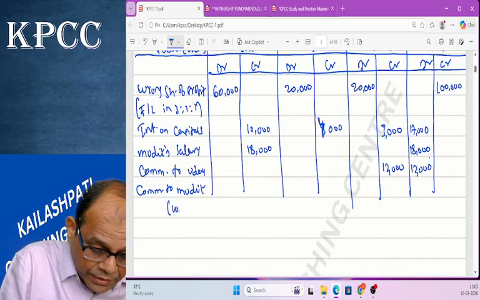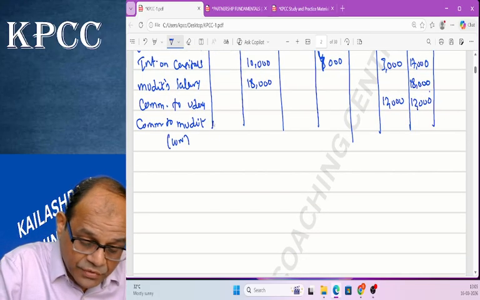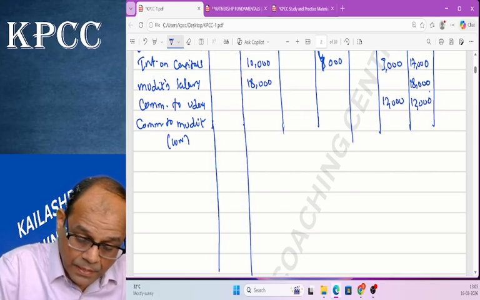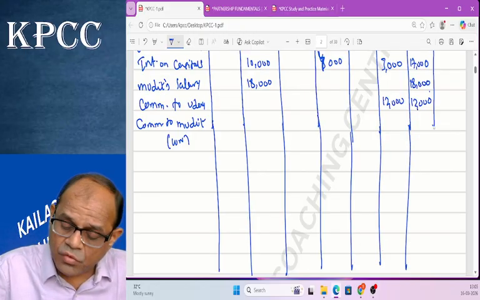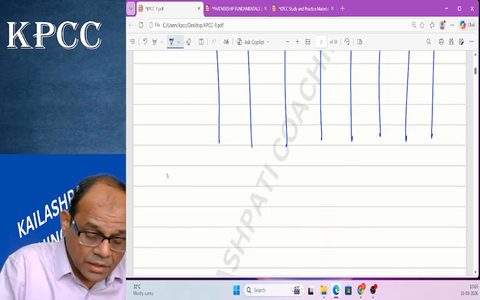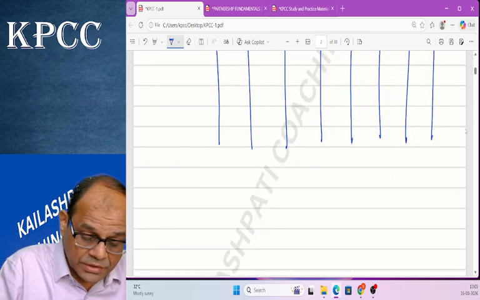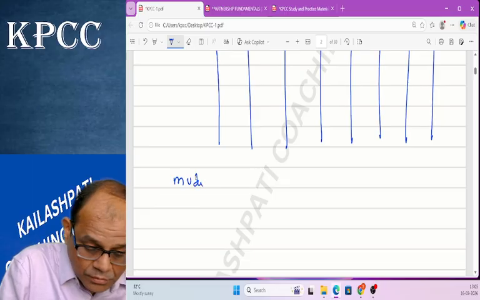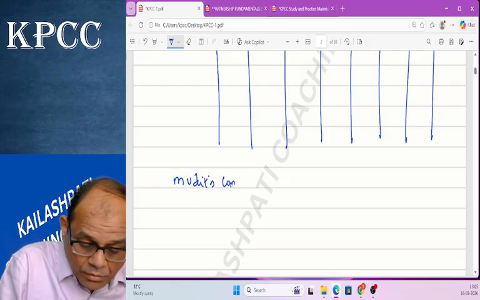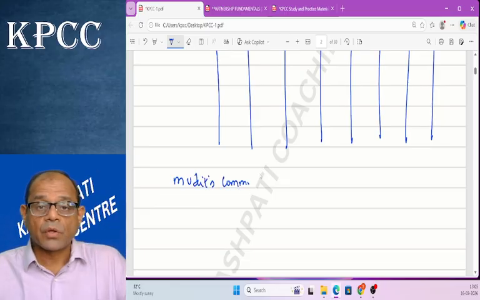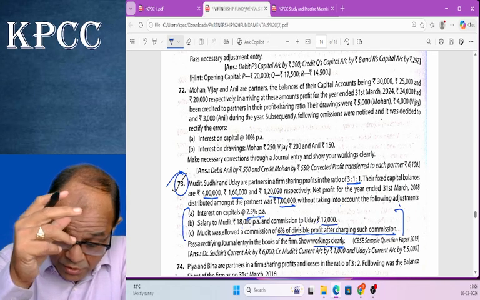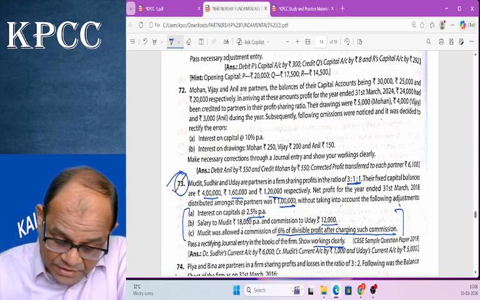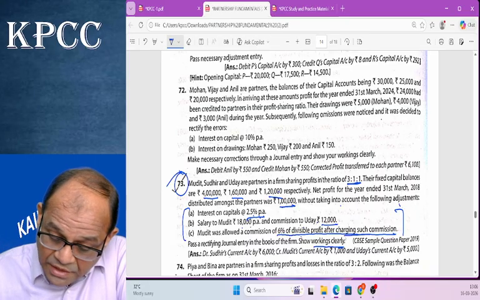In bracket write down working note and leave sufficient space, around 4 or 5 lines. Write down Mudit's commission. Mudit's commission is equal to 6% of divisible profit after charging such commission.